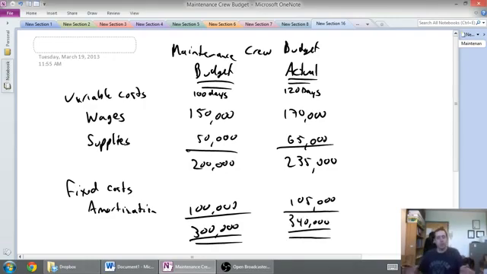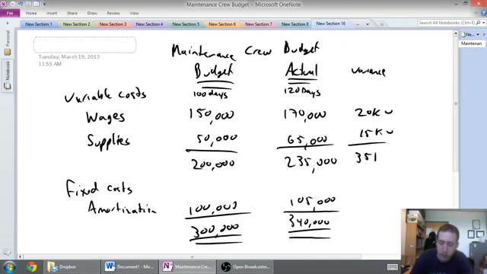And so at the end of the year, Joe gets evaluated on how well he performs compared to budget, and Joe blew the budget. So if I look at the variance here, I can see that the wages are 20K unfavorable, 50 versus 65, 15K unfavorable there. Overall, in terms of variable costs, he's 35K over. In terms of fixed costs, he's 5K over. So overall, he blew the budget by 40 grand.